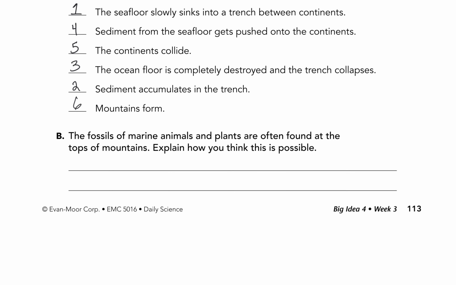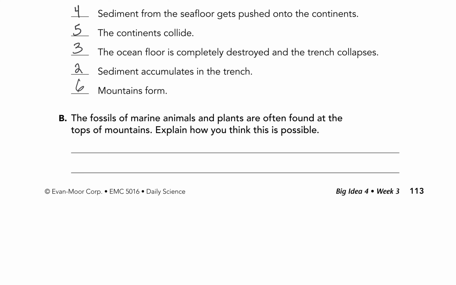Question B says the fossils of marine animals and plants are often found at the tops of mountains. Explain how you think this is possible.